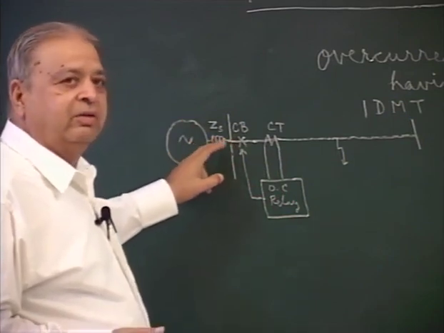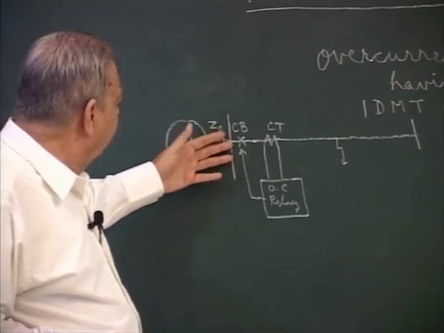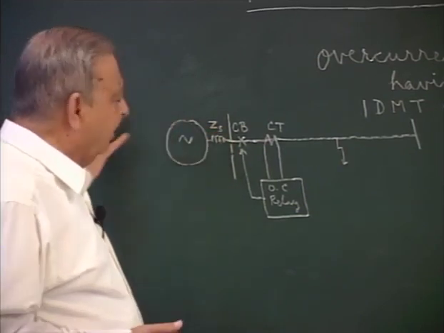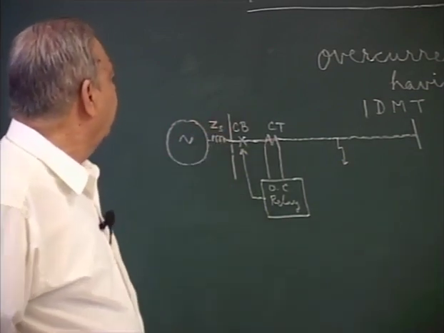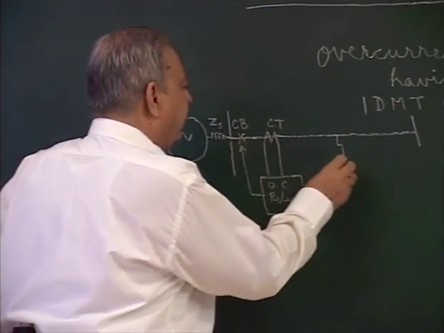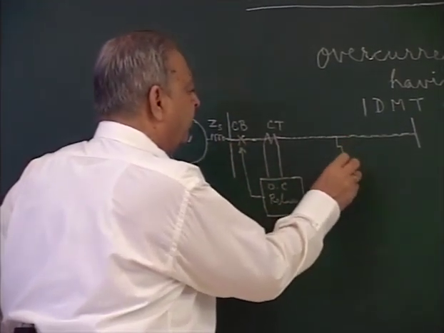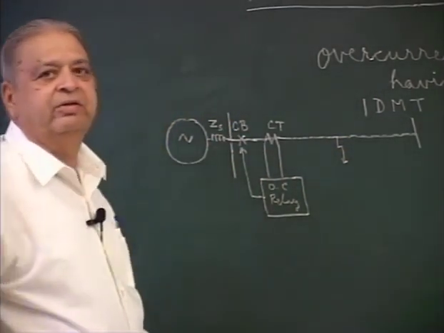So, this is the Thevenin equivalent impedance of all the power system which is on the left hand side of the bus. In such a case, the current measured due to a fault here will be different as this ZS varies.